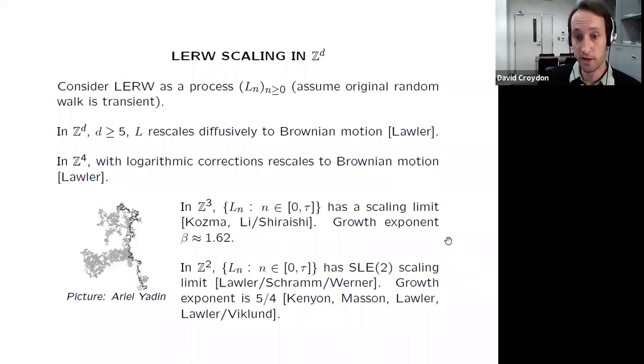The hardest dimension for this model turns out to be the 3-dimensional case, and here not very much is really known. The big omission from this whole story is that we don't have any candidate at all for what the scaling limit in this dimension should be. We don't have any intuition for what should be the natural replacement for the SLE in this dimension.